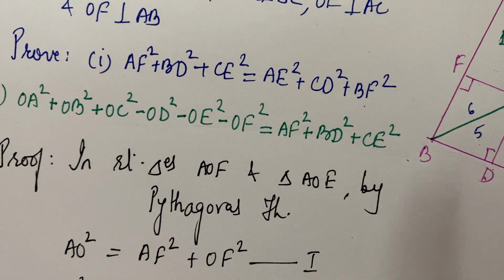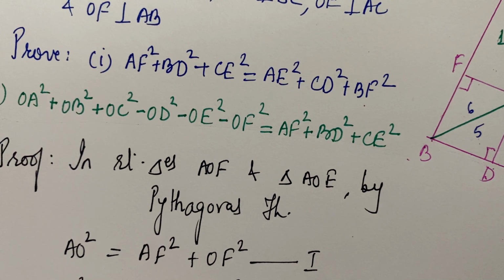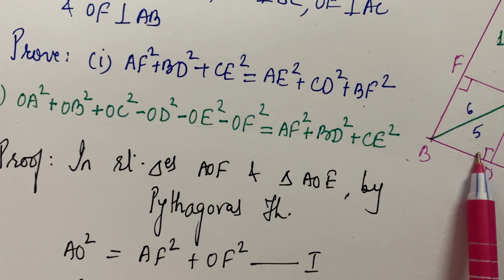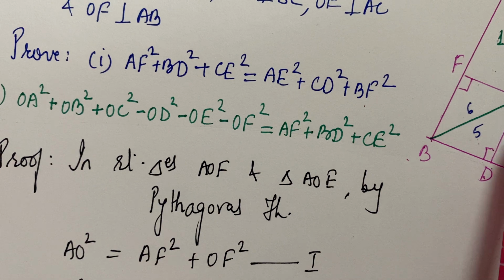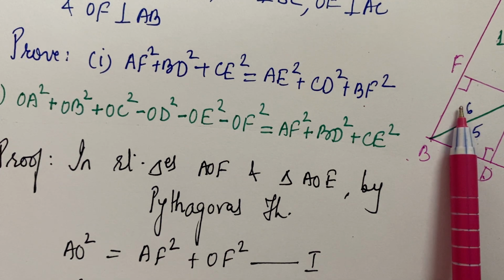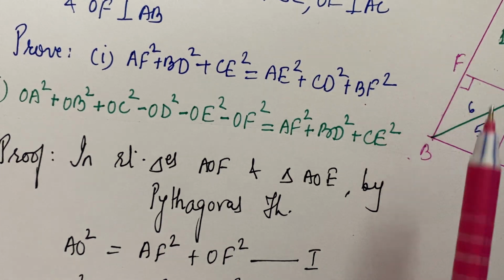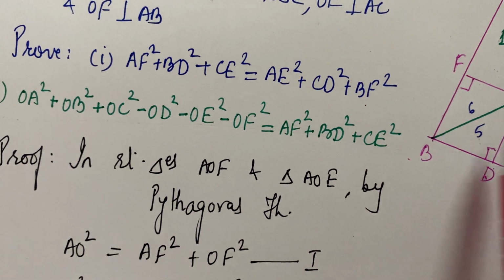Means we have to take the hypotenuse. From that you have to subtract OD square, OE square and OF square, and that has to give you AF square, BD square and CE square.